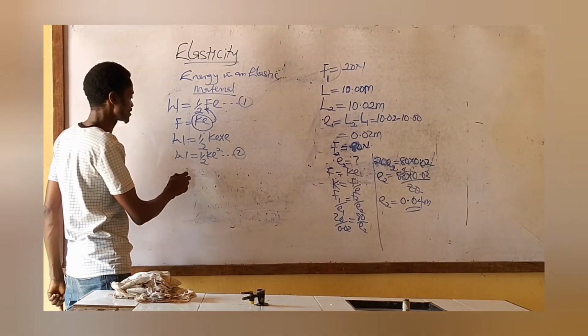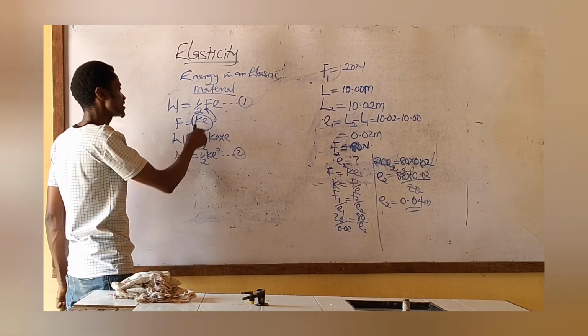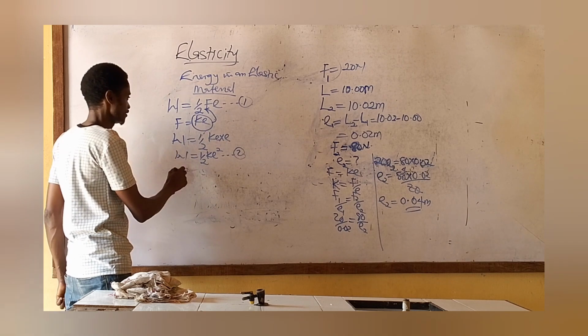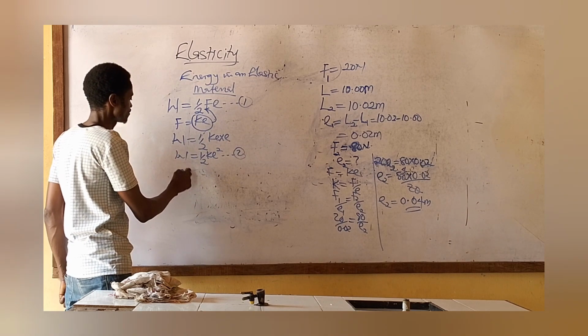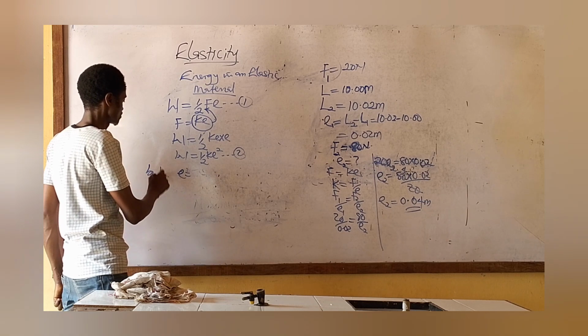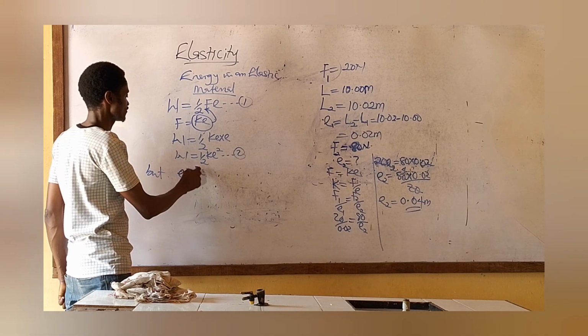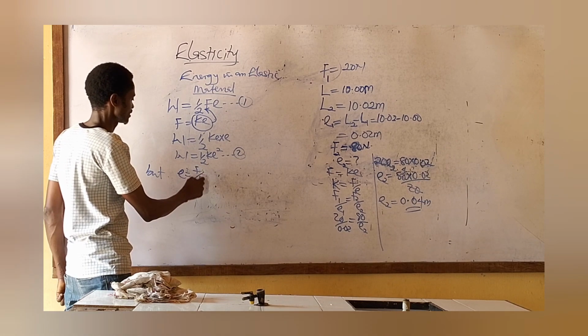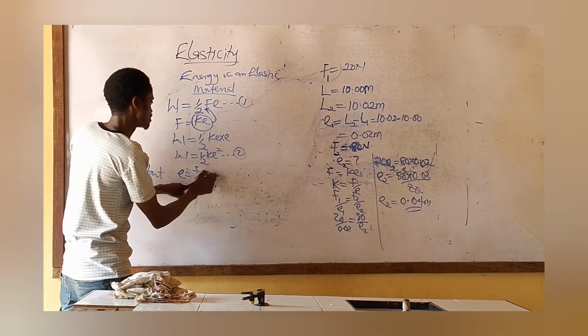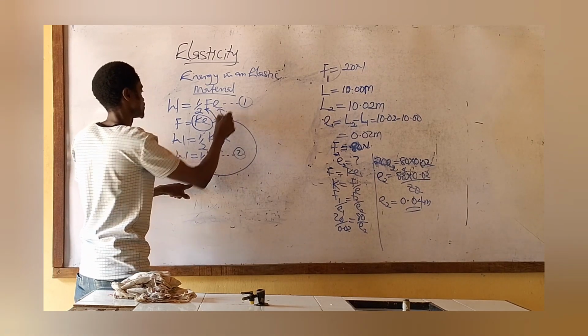And again, if we make E the subject of the formula, E equals F over K. Now we put this again in this place.